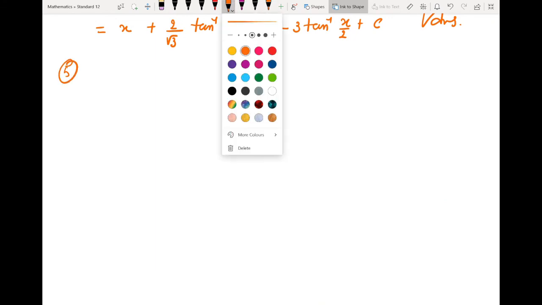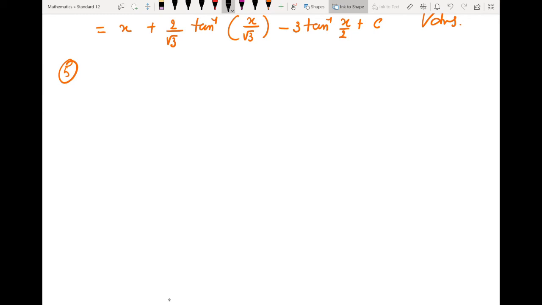integrate 2x upon x square plus 1, x square plus 3 dx.